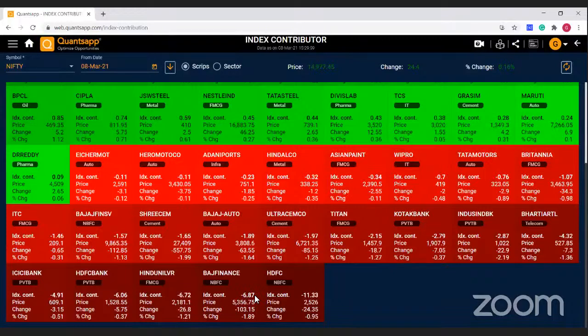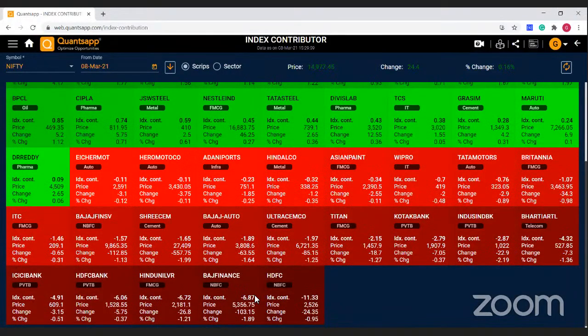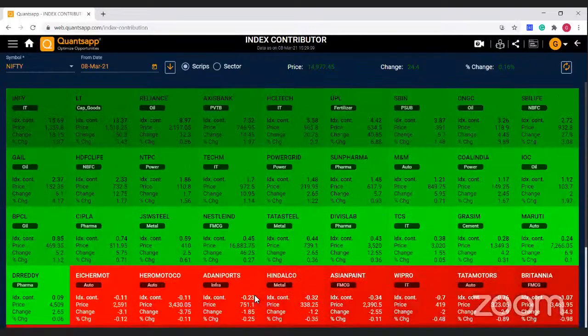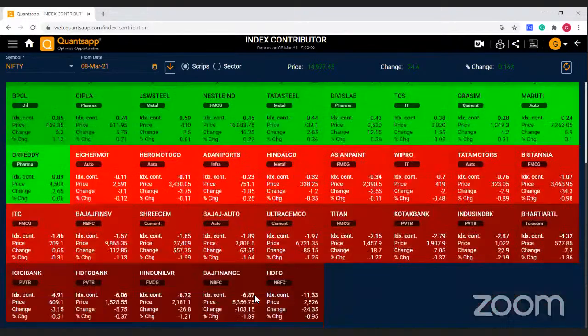So you can see how the high weightage or small weightage stocks are contributing to the index, whether positively or negatively, and whether their big price movements are significantly affecting the Nifty or Bank Nifty or not. This is one tool where you can see all of those things happening.